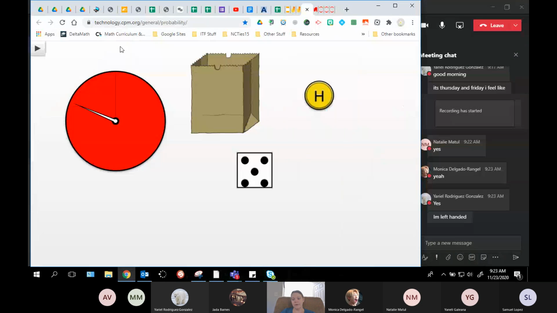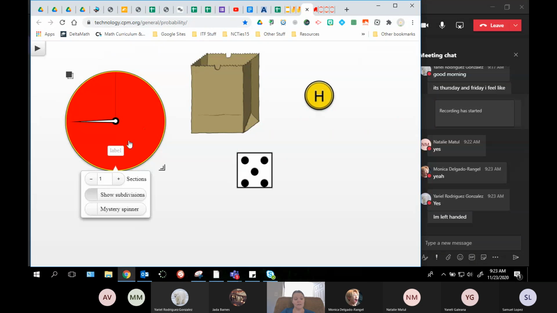We're pretty sure my daughter is going to be left-handed. I could use a spinner, and I could subdivide it into 10 sections because 10%, so one of these would be 1/10 or 10%.